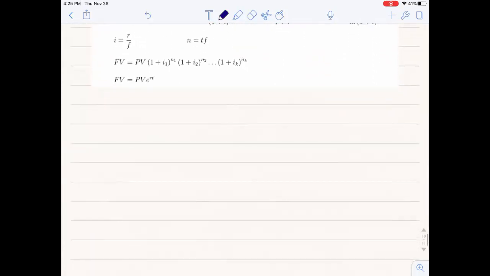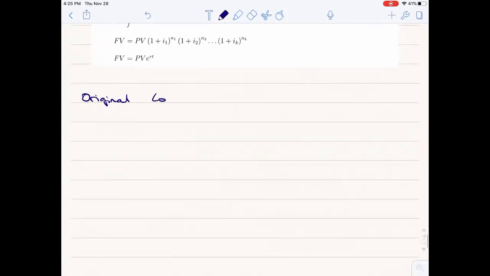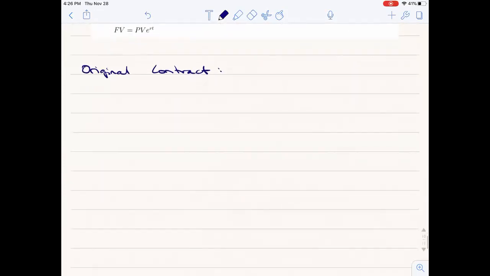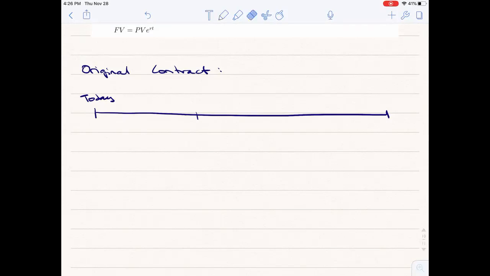So if we have to map out our original contract, let's do that here. So from today, right, we would make a payment in 2 and 5 years. I'm going to put 2 years and 5 years.